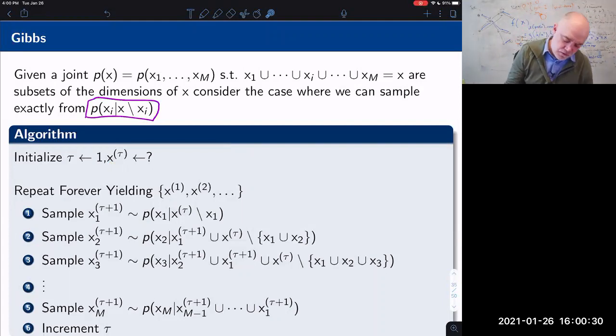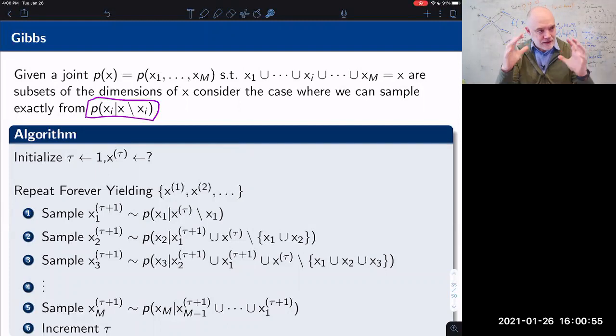So what we're going to do is generate an infinite and growing, non-terminating sequence of samples, where we cycle through all the conditional distributions for all the variables or subsets of variables in the model. The subset thing is actually kind of important.